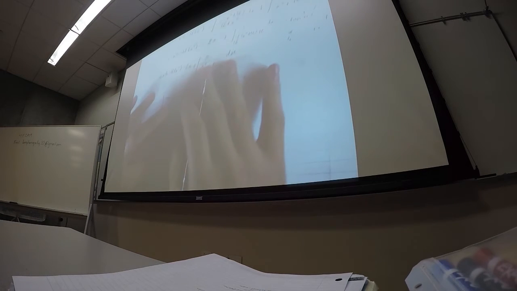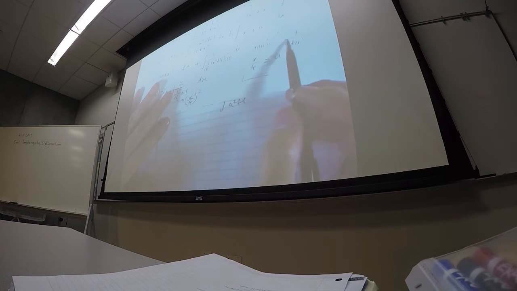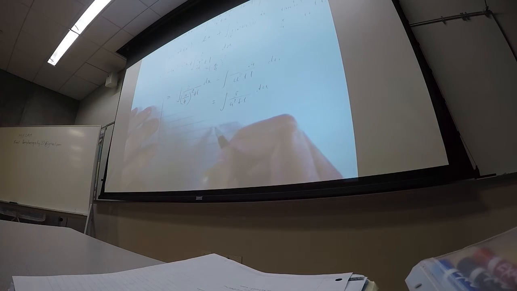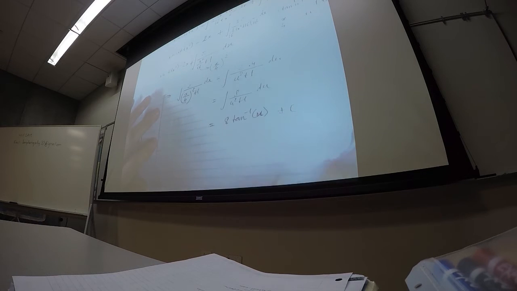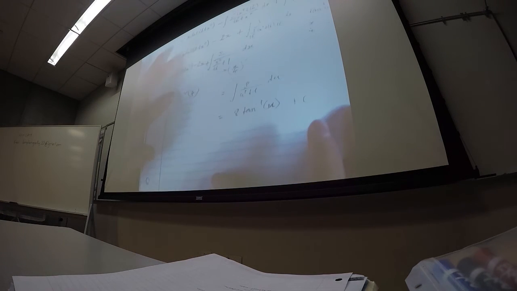And we said it right here. We said that the derivative of inverse tangent u equals 1 over 1 plus u squared. So the antiderivative of this is just 8 inverse tangent u plus c, right? So let's put everything back in.